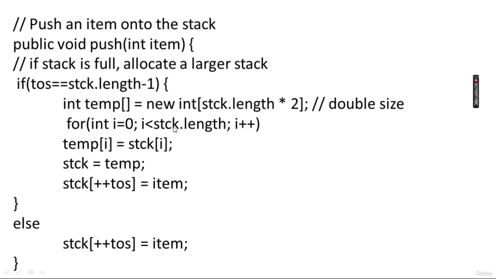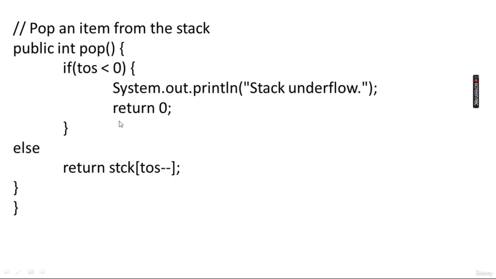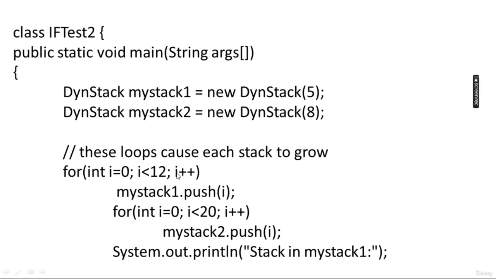For the previous stack length, I will put the previous stack elements into the temporary array, and then I will replace it, swap it, and stack of top of stack is equal to item. Okay. Then pop: pop the item off the stack and decrement the top of stack by 1.